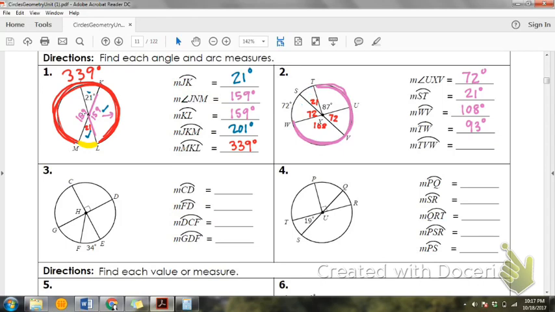I think maybe sometimes we think it's easier to add these three angles together, because that's what my arc covers, is those three. So 87 plus 72 plus 108 gives me 267 degrees.